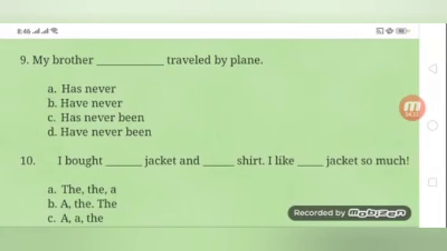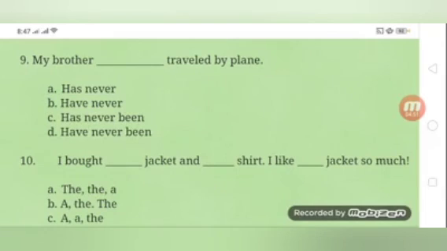I'm sorry, sorry, not been. It's not passive form. My brother has never traveled by plane. I'm sorry. So, it's letter A. Has never traveled by plane. Not has never been. Because my brother blank traveled by plane is an active voice. So, you would say has never. If there is like has never been, that must be the plane has never been traveled by my brother. Passive form siya dapat. Okay? So, I'm sorry. So, the answer here is letter A, which is has never traveled by plane.